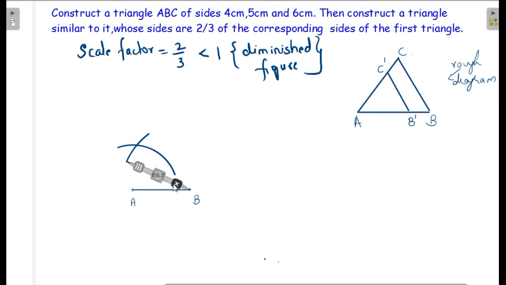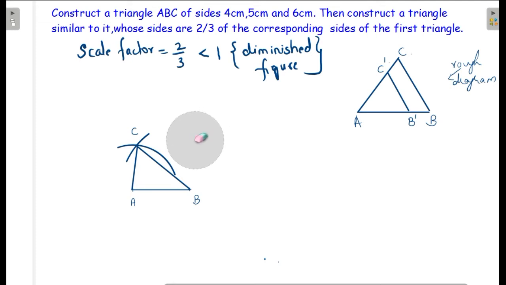We will mark this point of intersection as C, vertex C. Now, we have to join CA and CB. This is the normal construction we do, which we are aware of.